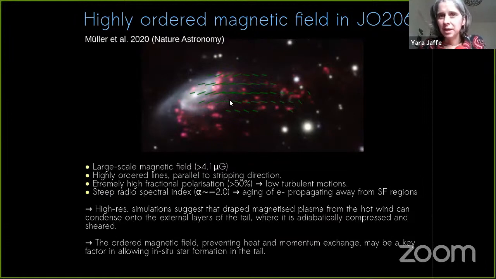They're very collimated. And essentially, with high-resolution simulations, what we think is happening is that magnetized plasma from the ICM is condensing into the external layers of these tails, where it's compressed and sheared. And we think that somehow these magnetic fields are helping in situ star formation occur.